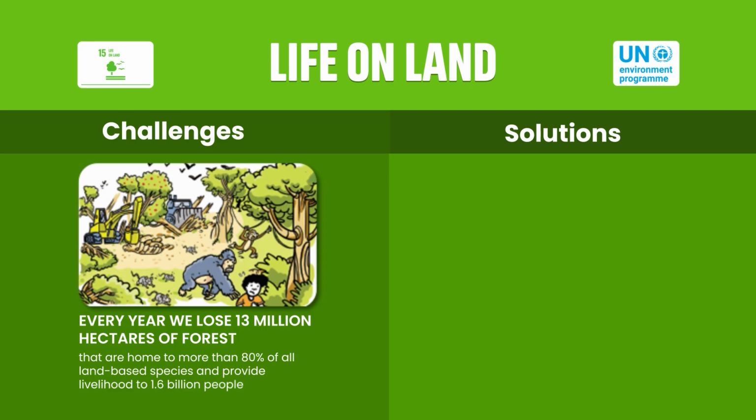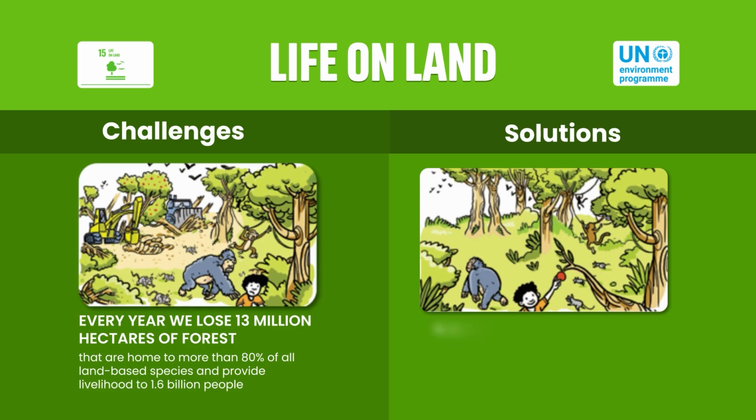Forest is home to more than 80% of all land-based species, and society gets its livelihood through nature-society interaction. So when we are losing millions of hectares of forest, it automatically affects 1.5 billion people for their livelihood.